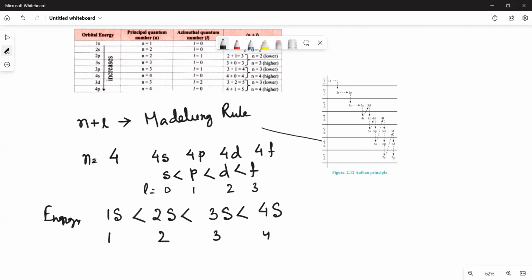Now, if I have been asked to give the energy sequence of 4s, 3d, 4d, then 4f: it is 4 plus 0, 3 plus 2, 4 plus 2, 4 plus 3.